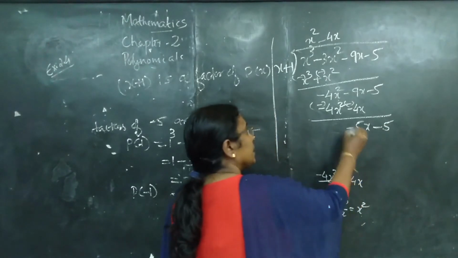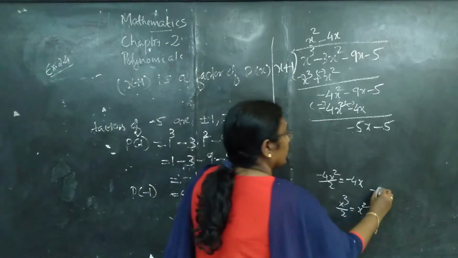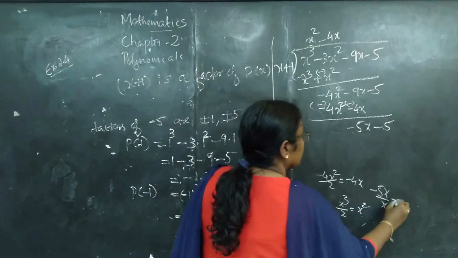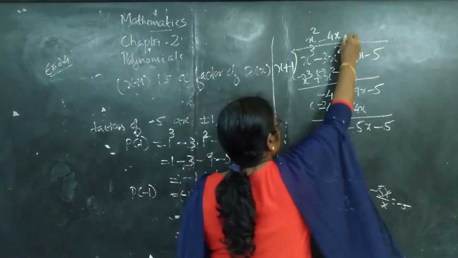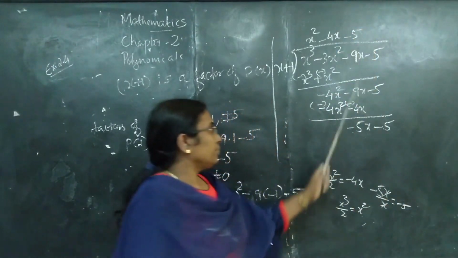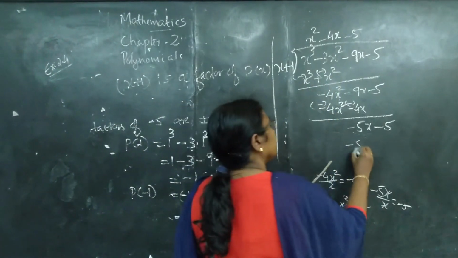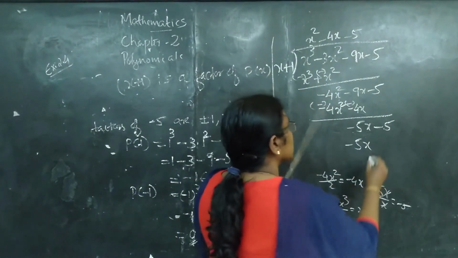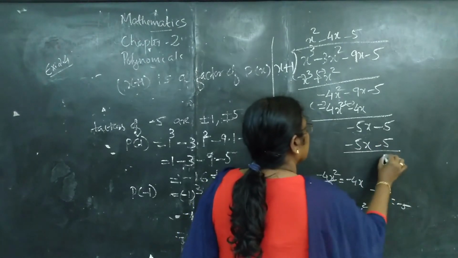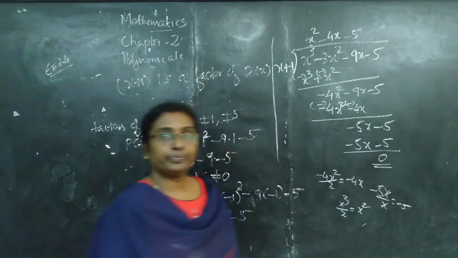Then divide this minus 5x by x. Minus 5x by x equal to minus 5. Write minus 5 here. Then multiply minus 5 with x plus 1. Minus 5 into x is minus 5x. Minus 5 into plus 1 is minus 5. The remainder is 0.